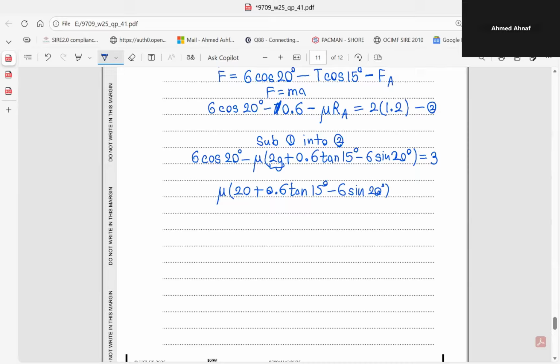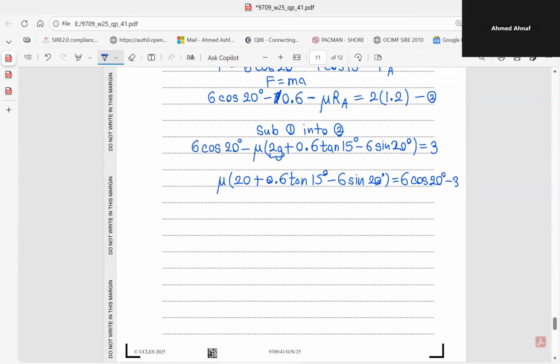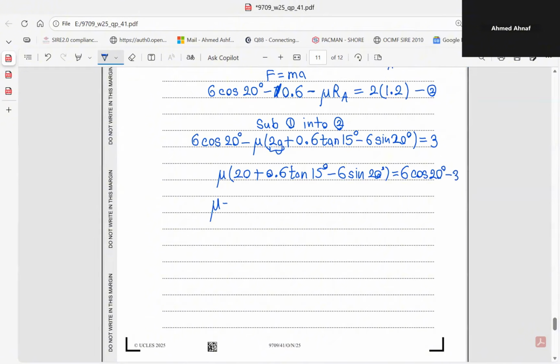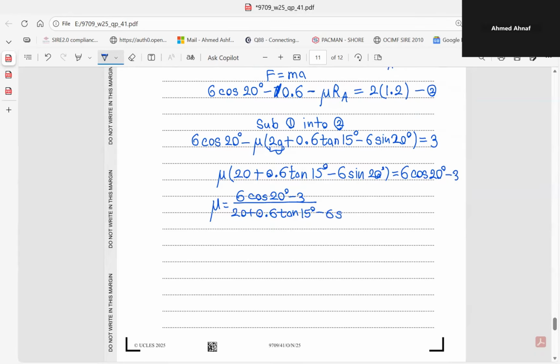So mu is 6 cos 20 degrees minus 3, over 2G plus 0.6 tangent 15 minus 6 sine 20 degrees.